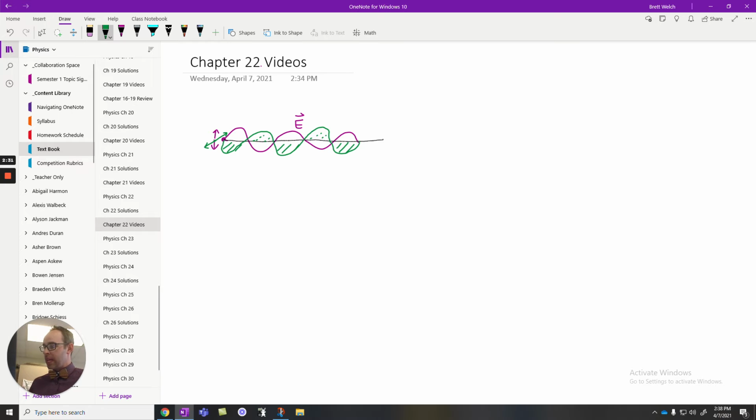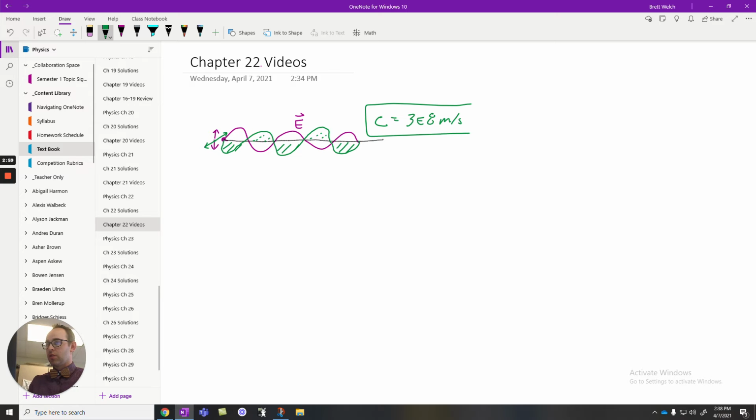All light and radiation travel in this electromagnetic wave. In a vacuum, electromagnetic waves all travel at the same speed. We call it the speed of light, but it's really the speed of an electromagnetic wave, of which light is one type. The speed of light is 2.99, which we'll round to 3 times 10 to the 8th meters per second.